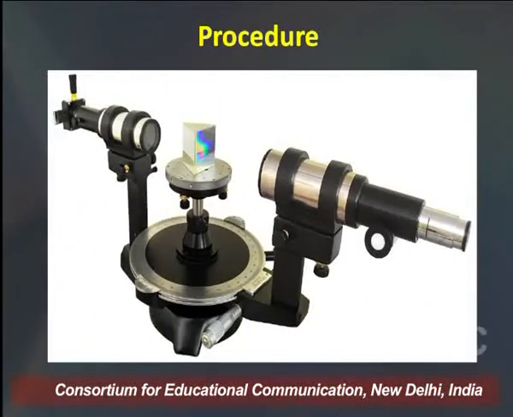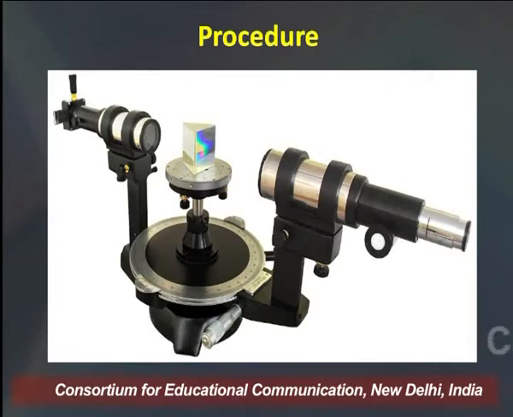On the front side of the spectrometer we have the collimator, which has a slit, and light passes through this slit. We use a mercury source in front of the collimator.